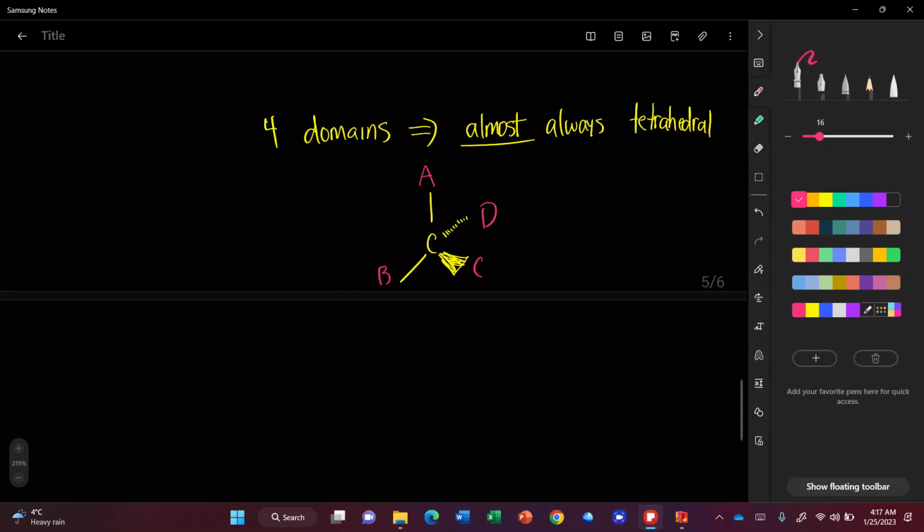But the more important thing to know is that this rule does not apply. That's why I said almost always.